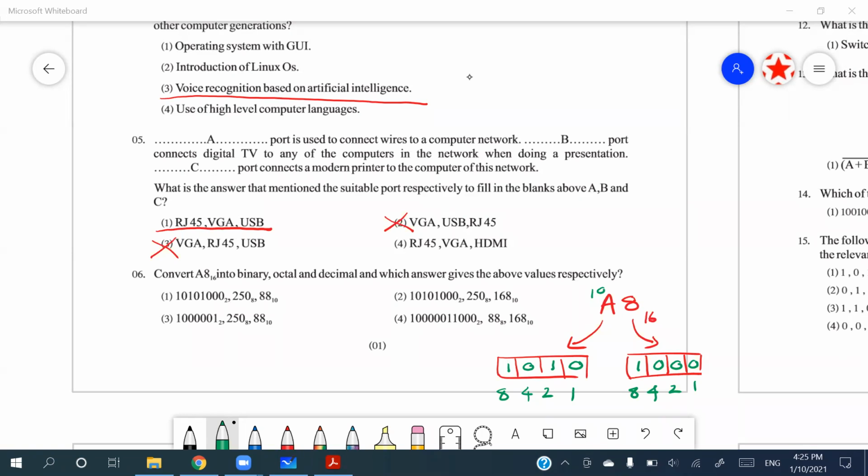The third and fourth are going to be disqualified, so it's either the first or the second one. If you look at those answers carefully, 250 is common as the second answer. So we actually don't need to convert into octal, because anyway it's going to be the same answer. If we think about the decimal conversion, we can find the answer, but I'll do all the conversions.